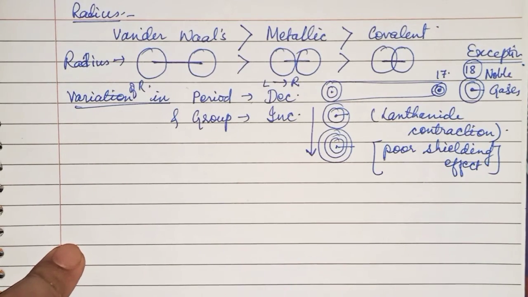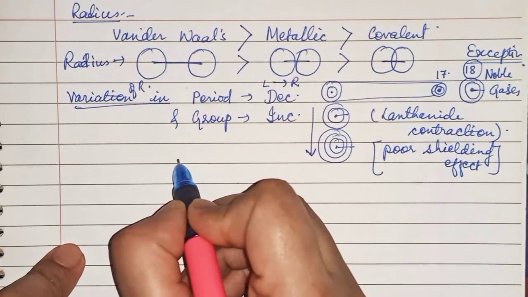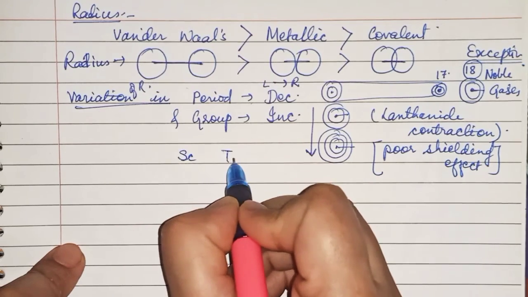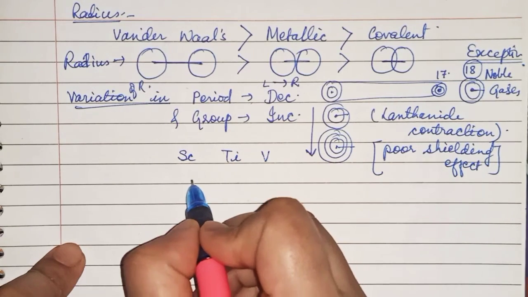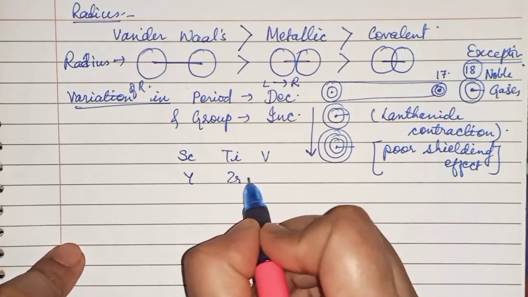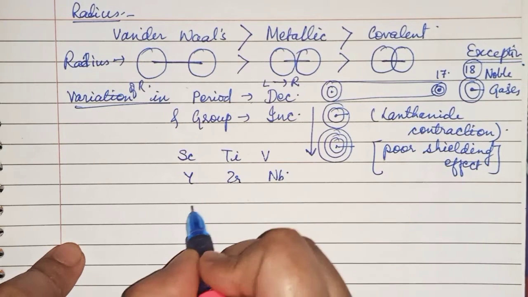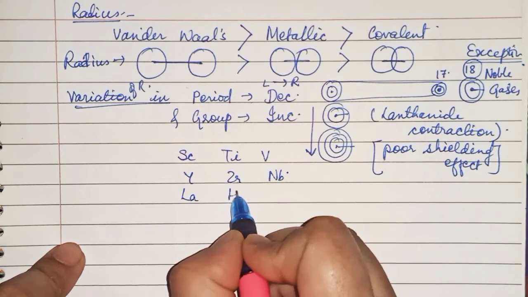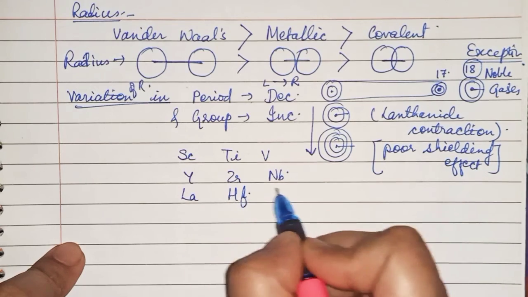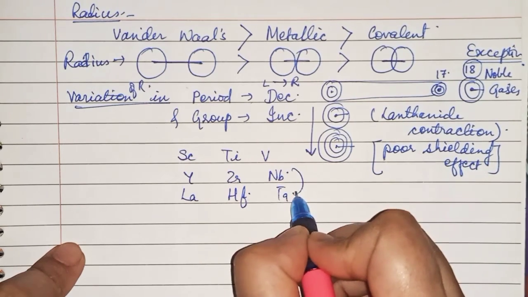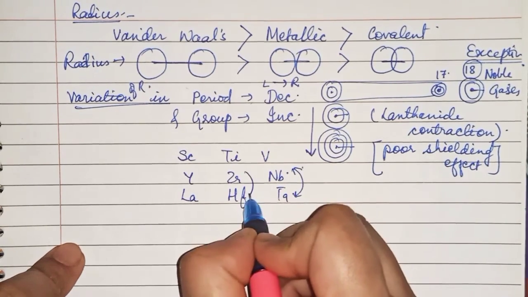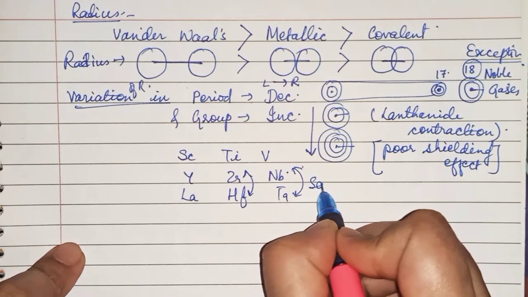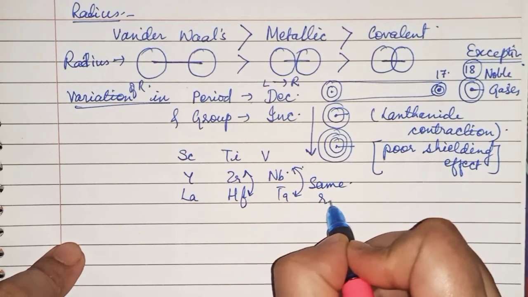For example, I am taking scandium, titanium, vanadium, okay, germanium, niobium, lanthanides. Then here you will find that these two have almost the same radius.